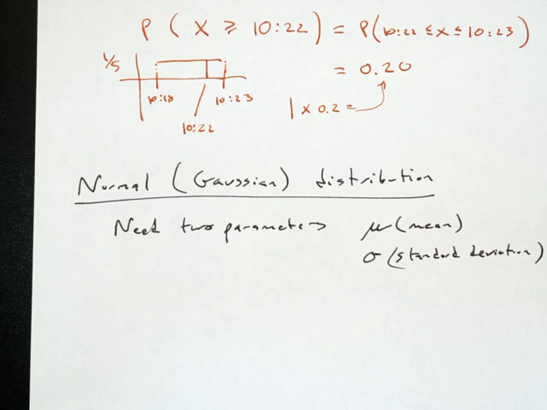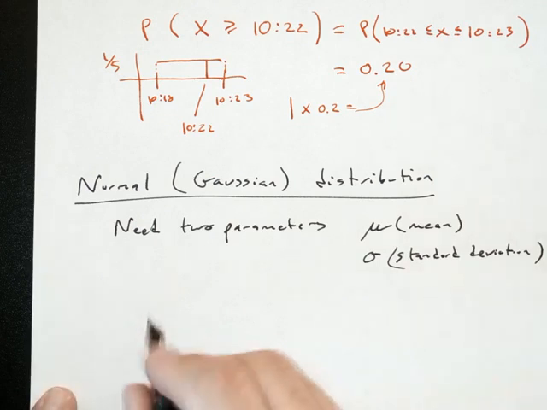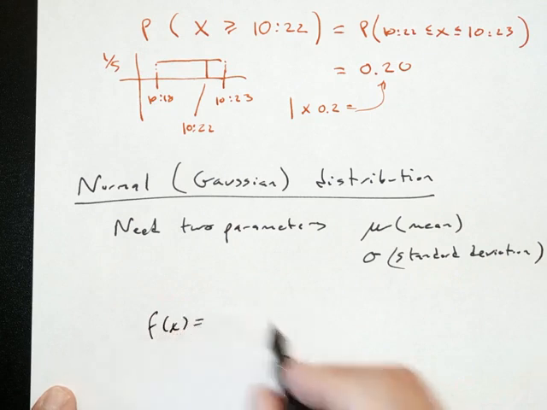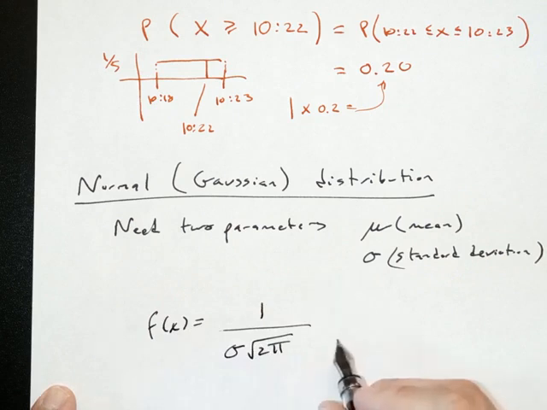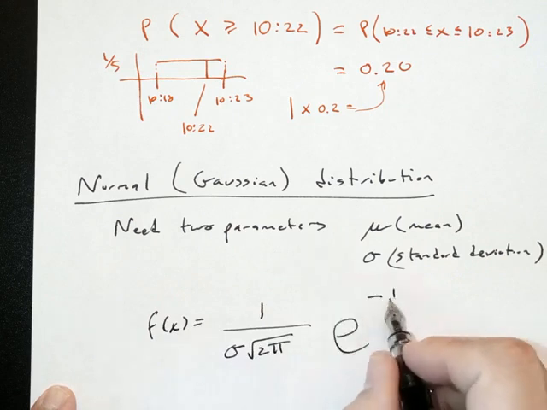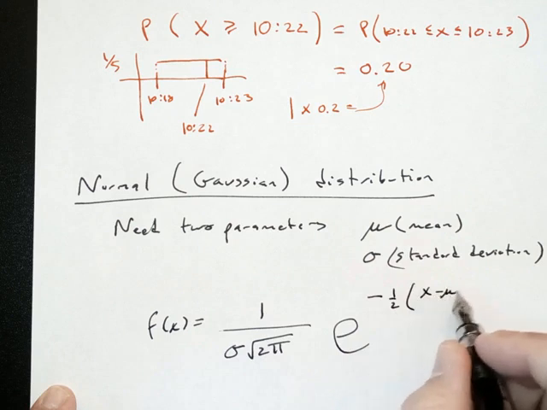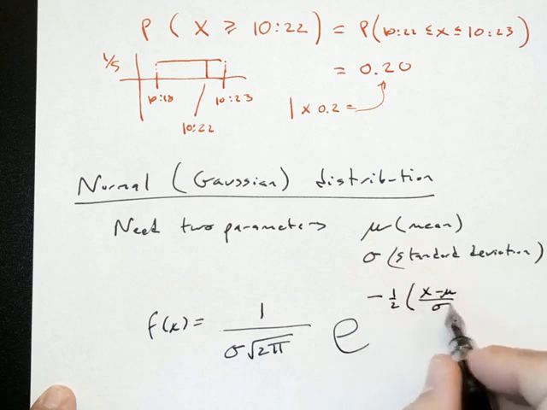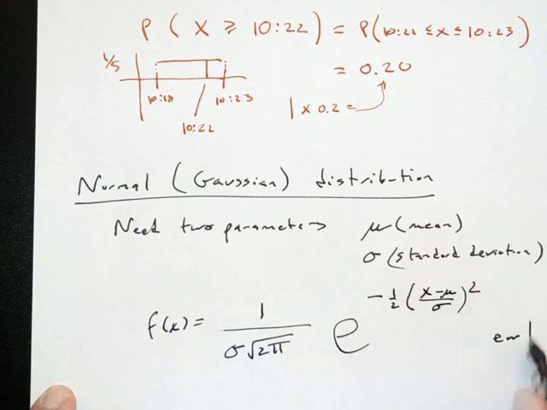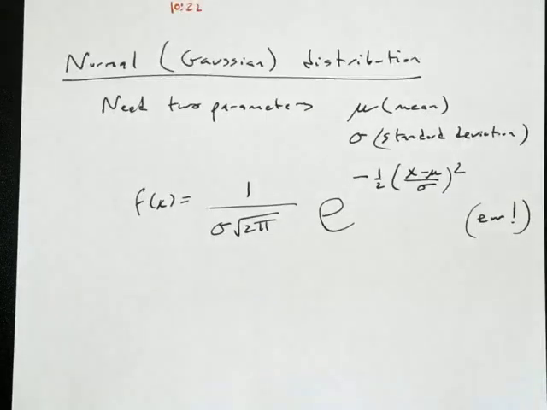Once I have those, I can write the equation for the function that gives me that bell-shaped curve. The equation for that function is absolutely mind-blowingly, gut-wrenchingly ugly. I'll write it down. You don't have to. That is the nastiest looking mother I've seen all day. Don't bother.